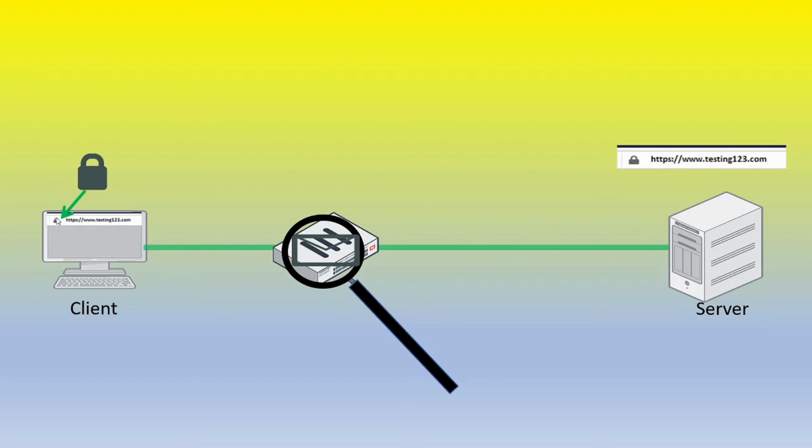So now when the client goes to testing123.com, they click a link which makes them download a file. Well, now because our firewall has the visibility to the payload of the HTTPS communication, it actually has the ability to prevent against that virus, whereas it would not have the ability to protect that client if it could not see into that encrypted communication.